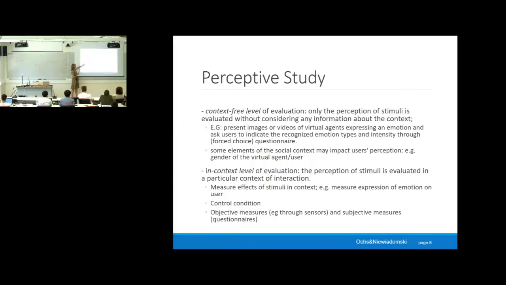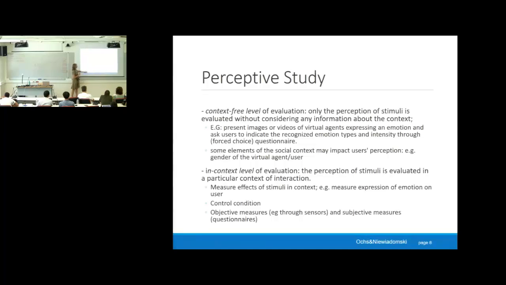But in context, you have a lot of variation and a lot of variables you don't always control, okay? So when you do it in context, we often introduce the notion of a control situation, and you measure the differences in perception between the control condition and the condition you want to measure. So it won't be out of the blue.